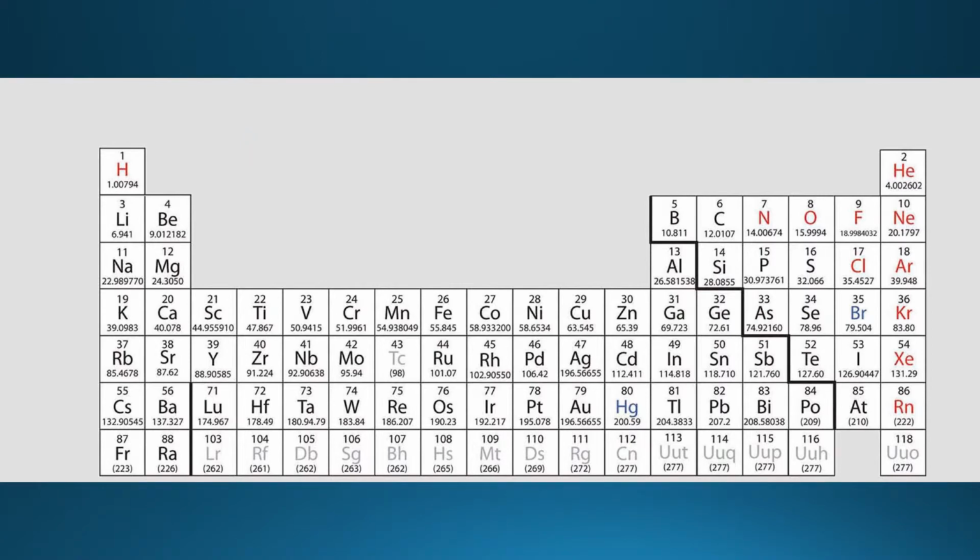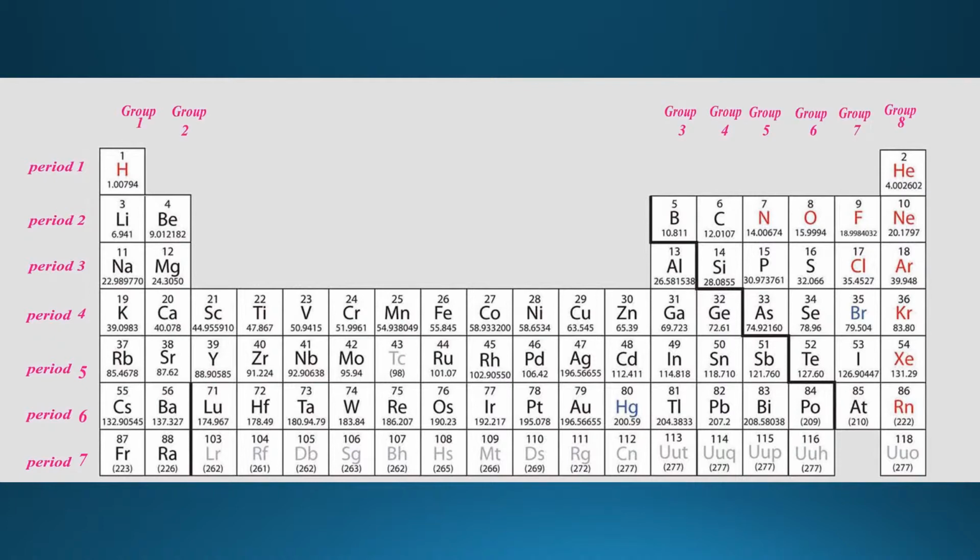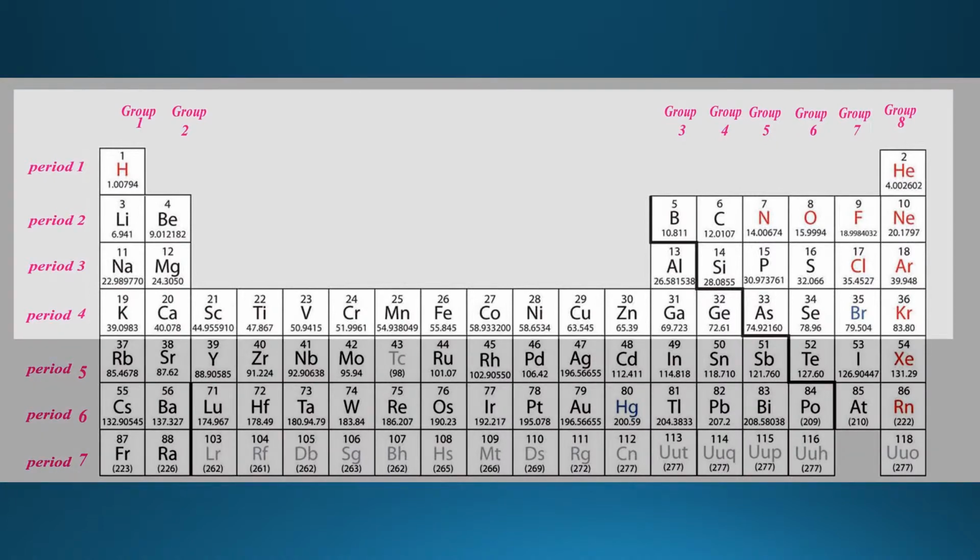On the periodic table, let's look closely. They divide into periods, the horizontal rows, and the vertical columns we call groups. I'm going to select the first 4 periods to demonstrate this rule.